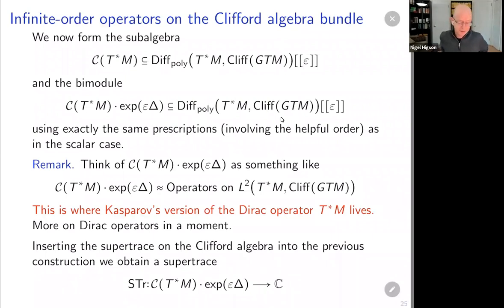I'll call it C, curly C. And you can build a new bimodule. And on this new bimodule, you can build a new trace, except now it's naturally a supertrace because we can use the supertrace on the Clifford algebra to introduce a little bit of supersymmetry into the story. After you've done all of this, what do you have? Well, first of all, you have a bimodule which is supposed to call to mind something like a Hilbert space, excuse me, that you see in Kasparov's work.